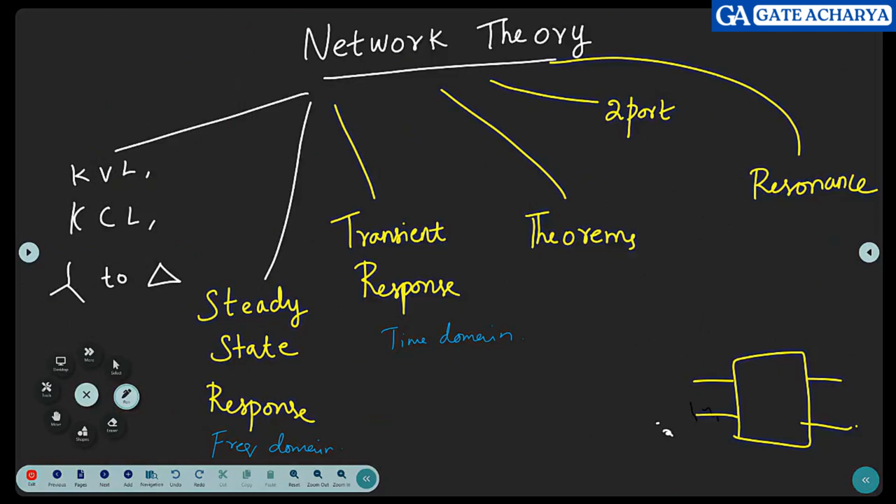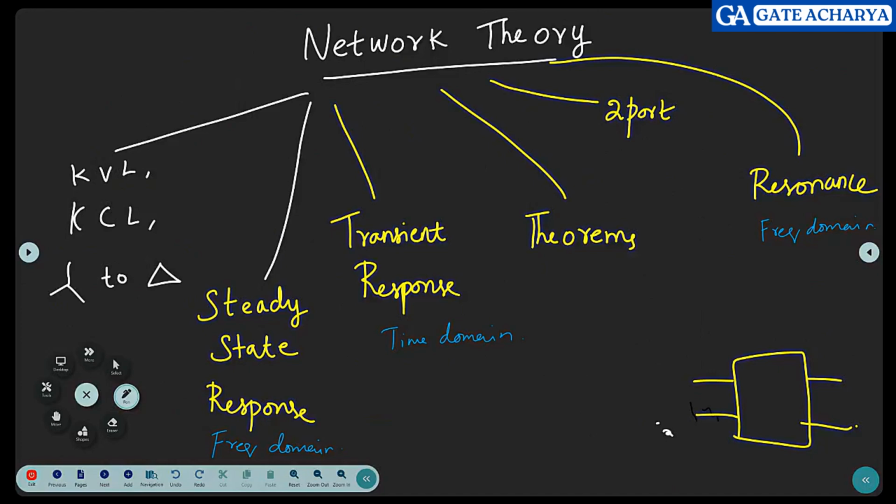And resonance, you can say, is more of a frequency domain analysis. These are all theorems and things like that. Effectively, you need to know what is time domain analysis and what is frequency domain analysis. If you know that well, you are good enough as an electrical student. This is what is expected from you. When do you use time domain analysis? When do you use frequency?